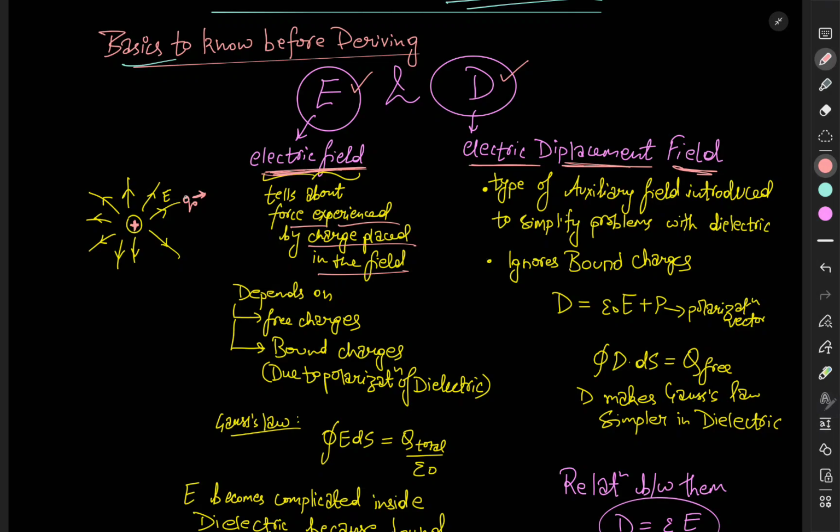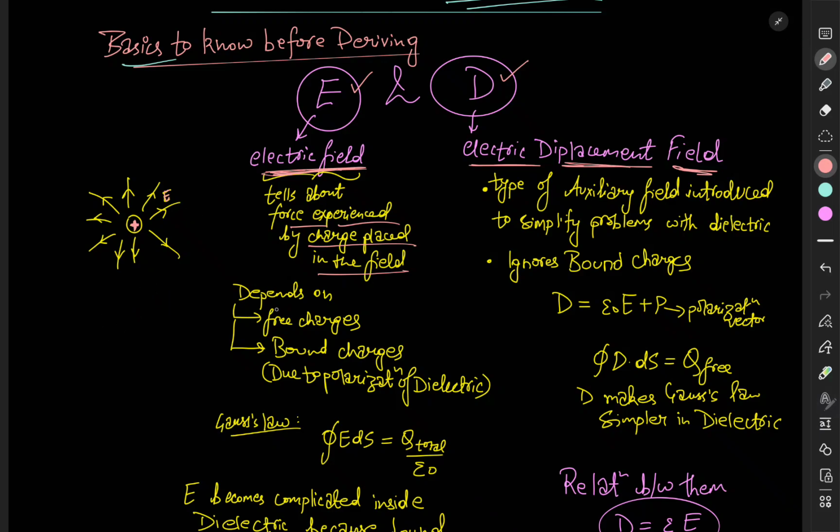Then it will experience a force because of the electric field produced by this positive charge. The force will be repulsive because both charges are positive, and that force will be equal to this charge times the electric field. This will be the force experienced by the test charge Q0.